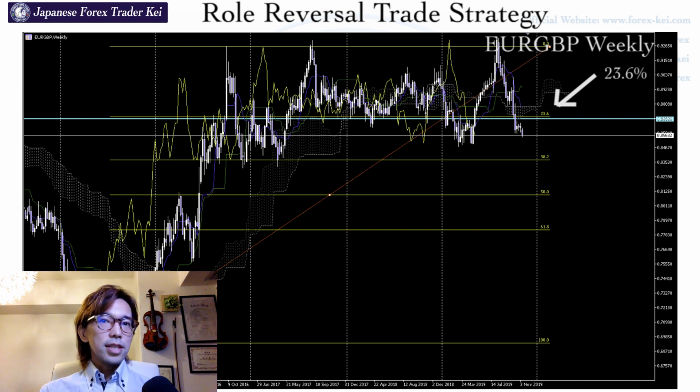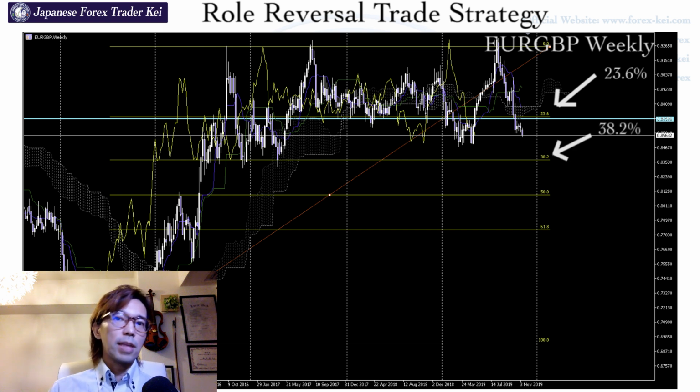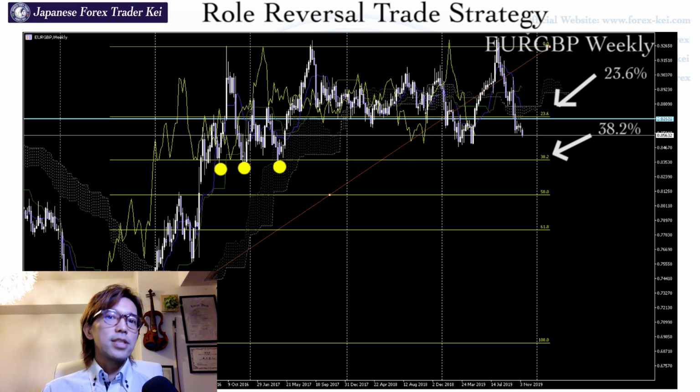So you can see this can be another reason why this level is important, because psychologically it's important in the market. Also, if you noticed, there's 38.2% level also working in the past as a support line here. So if the price were to retrace, it might retrace back to this level. So when you think of selling this pair, this 38.2% line right here can be the initial target based on this weekly chart.